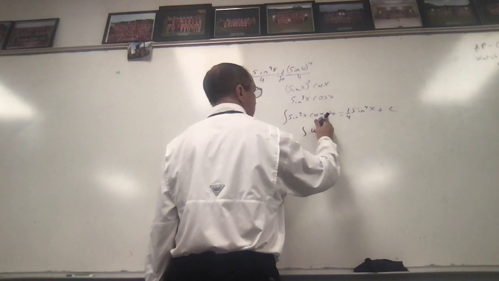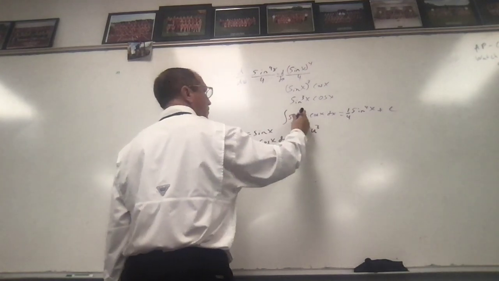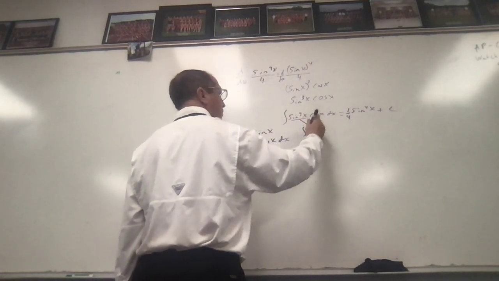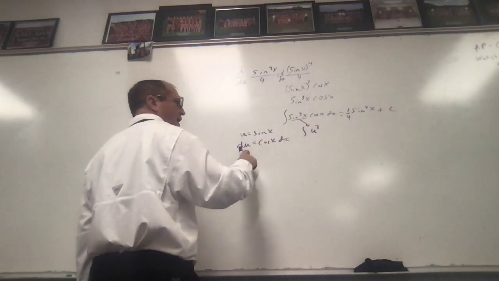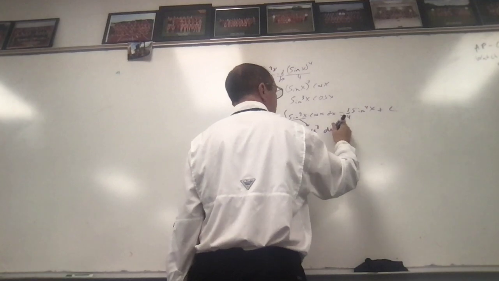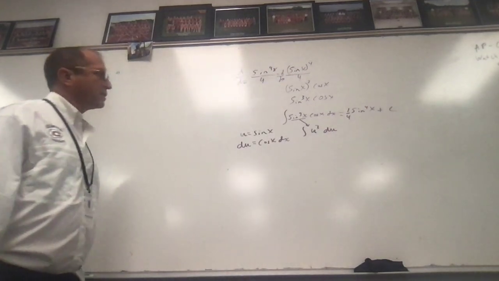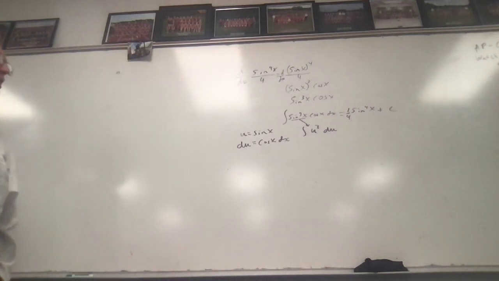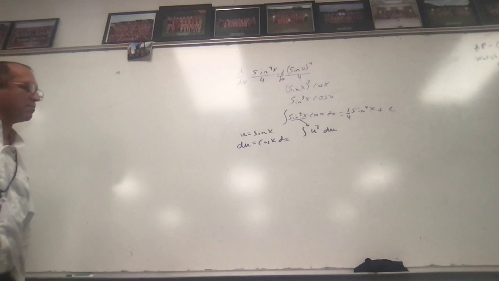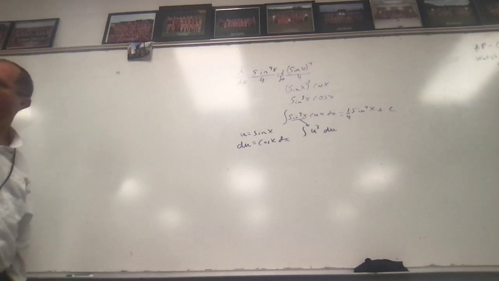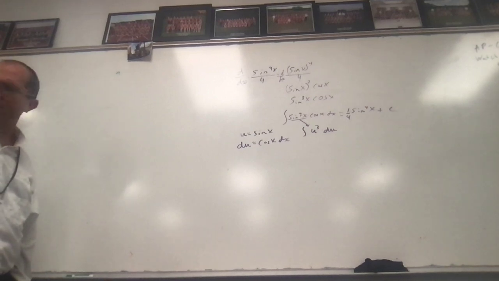So this becomes u cubed. And in the place of cosine x dx, I have du. So my problem here has gone from what is the antiderivative of sine cubed x cosine x dx, to all of a sudden what is the antiderivative of u to the third du.